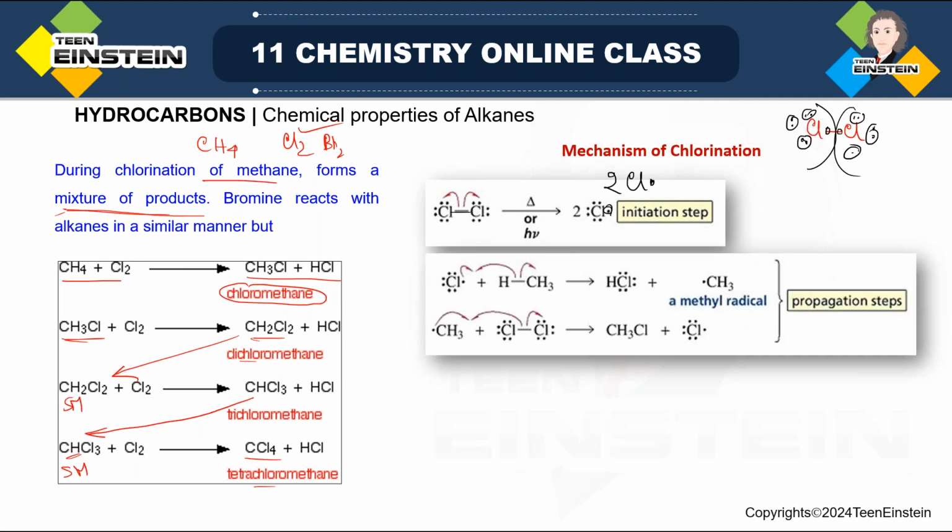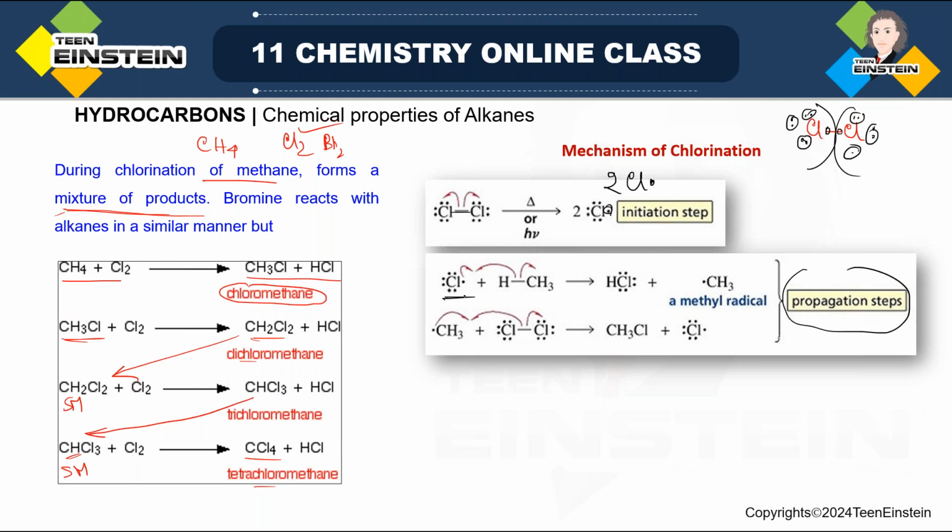Now the second step is propagation. But some other radicals also you will get, and one radical will react with another radical, that is a termination step. In the propagation step, mainly what happens is one radical reacts with a neutral molecule.